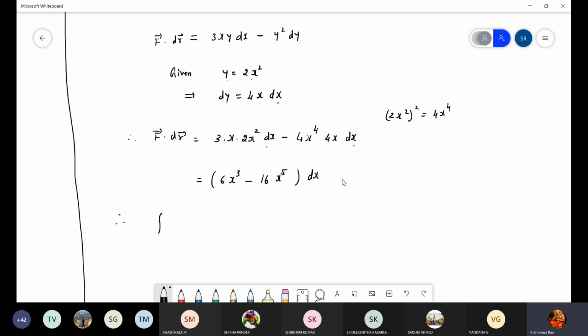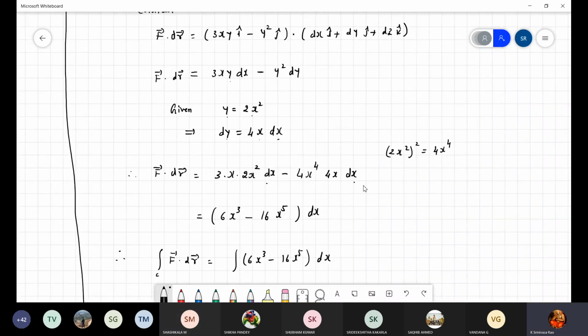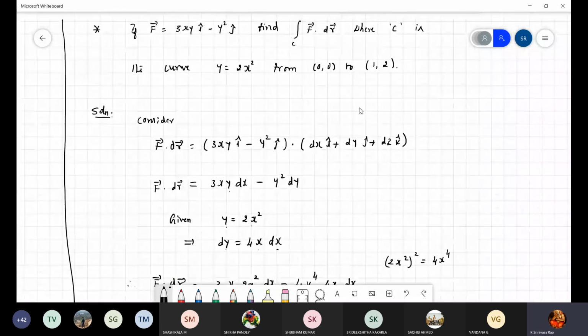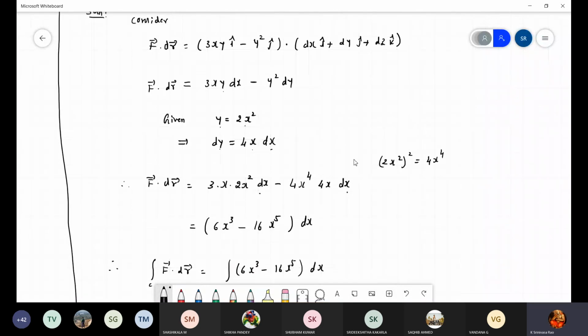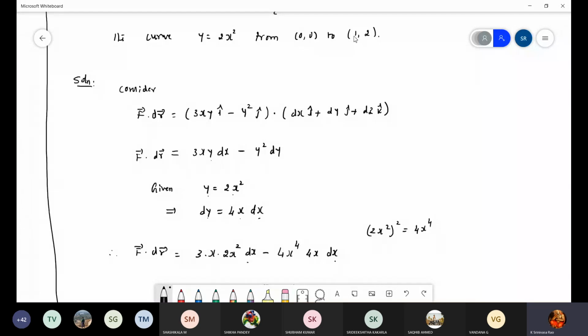Therefore, integrate now. The line integral over C of f dot dr equals the integral of 6x cube minus 16x power 5 dx. Now what is the limit for this? 0 to 1. How? It is given 0, 0 to 1, 2, where the first value represents x, the second value represents y. Since in the integration x is involved, x varies from 0 to 1.